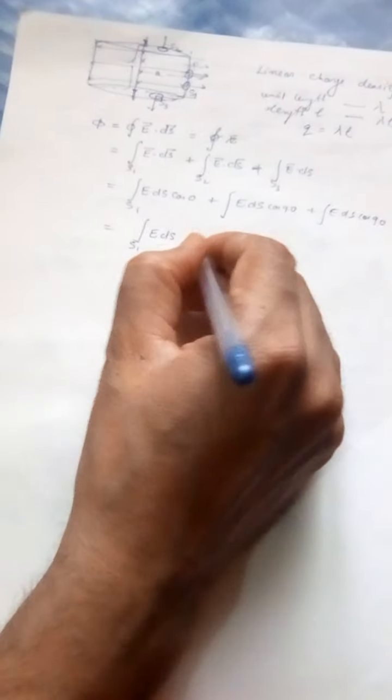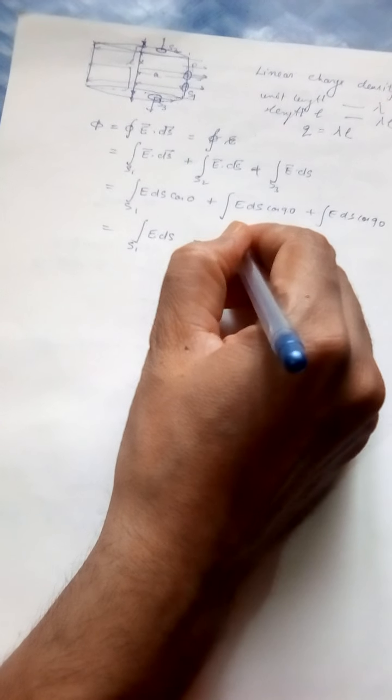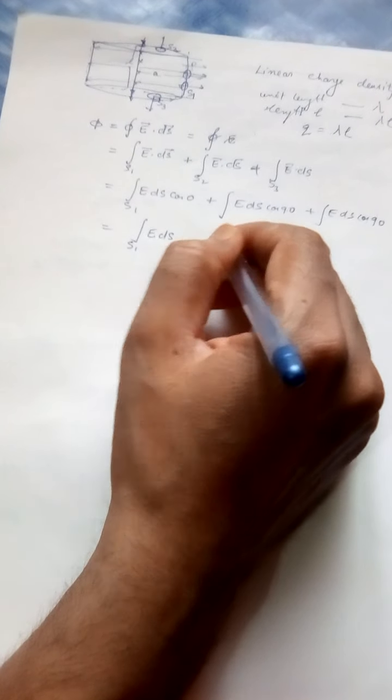Now this charge Q is lambda L. Due to this charge, what is the electric field at this point P? We have to find the electric field. You can see the electric field at distance a from the charge distribution is a constant value, that we have taken as E. So it can be taken out: E integration of ds.